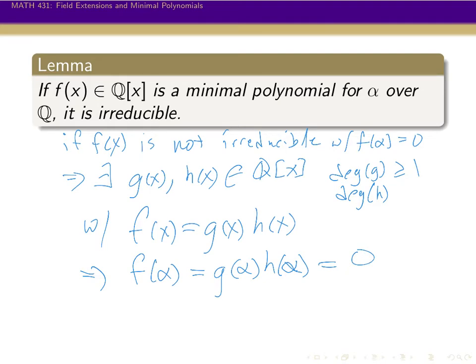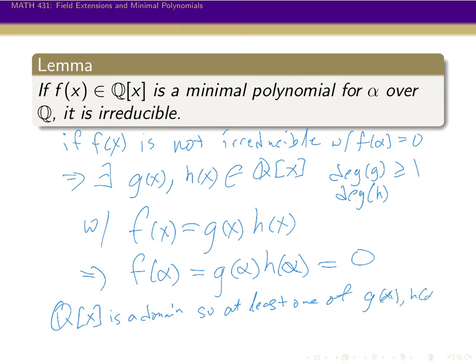Well, the polynomials are a domain. So this is a domain. So at least one of g of alpha and h of alpha equals 0. And then since the degree of both of these is greater than or equal to 1, their degrees have to be strictly less than that of f.